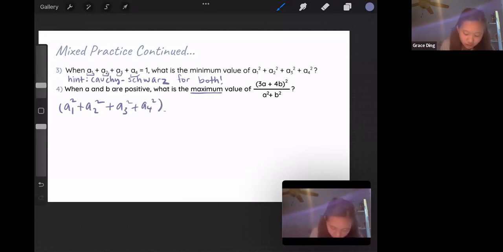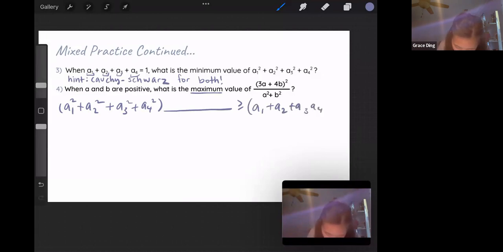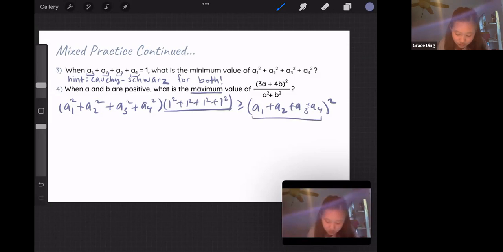And then we want to have something over here to make it to where we have this. So it's pretty obvious that it's going to be 1 squared plus another 1 squared and so on. Okay, so that's what we have right now. So we know that this inside will be 1. So when you square it, it's still going to be equal to 1.